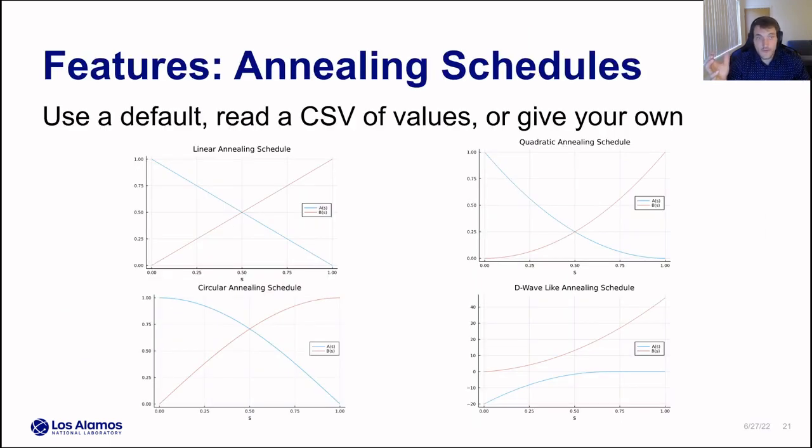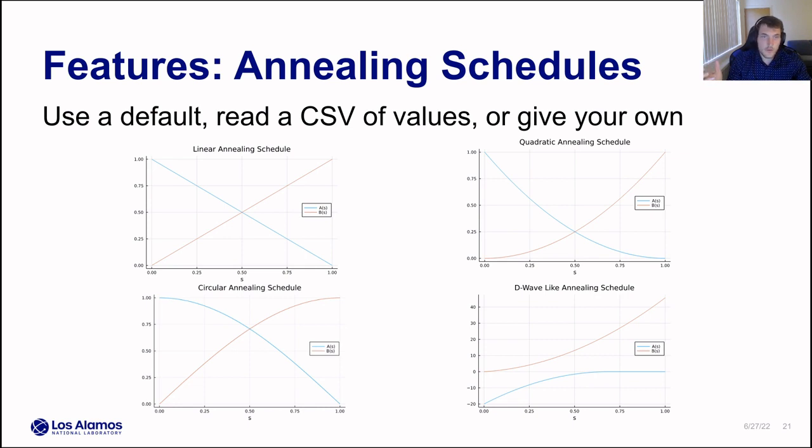So what else do we have in here? We have a bunch of different annealing schedules which you can use out of the box, including the very well explored linear annealing schedule, quadratic annealing schedule, something which we've found has some really nice effects called the circular annealing schedule. And then we also include a D-Wave-like annealing schedule where we've interpolated over a D-Wave annealing schedule using a quadratic piecewise function.